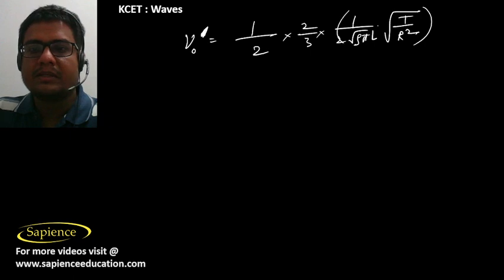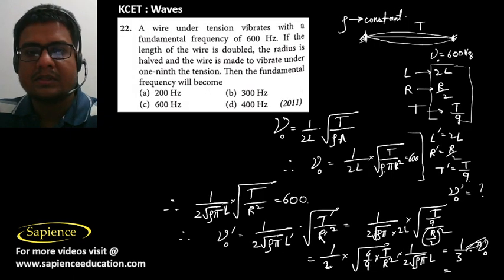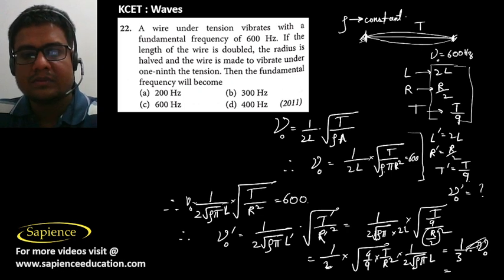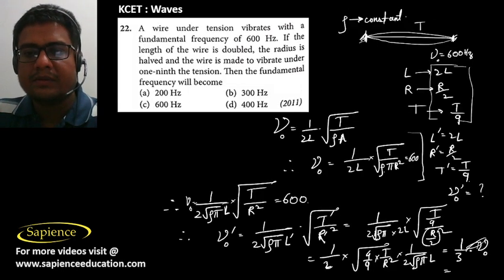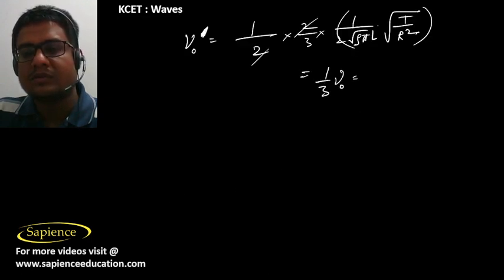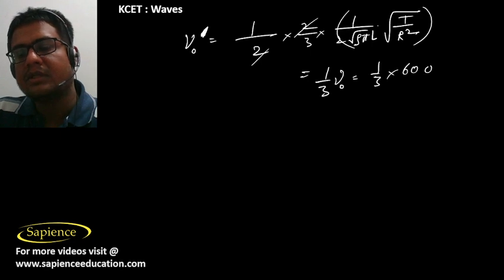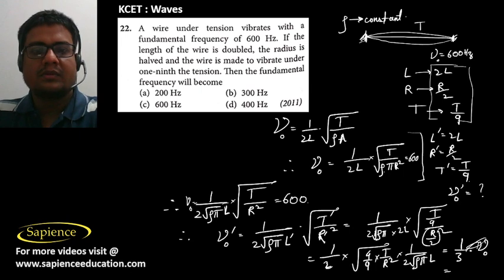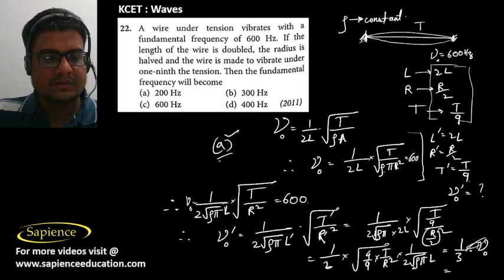So this part is same as nu naught, the previous frequency. So the 2 and 2 will cancel. So that is 1 by 3 into nu naught, so it is 1 by 3 into 600. So that is 200 Hertz. So option A is the correct answer.